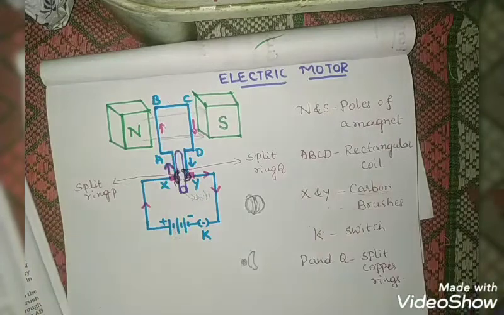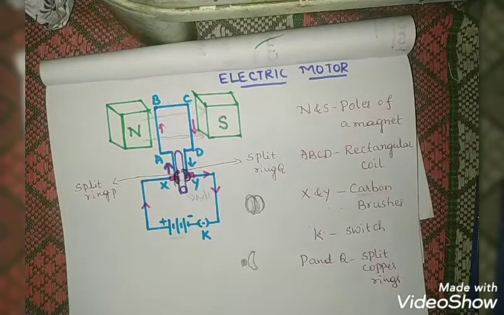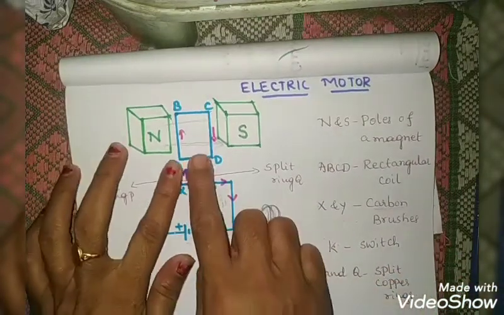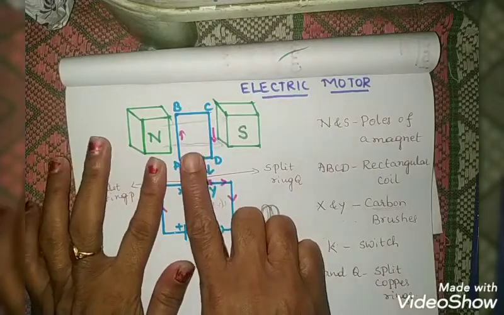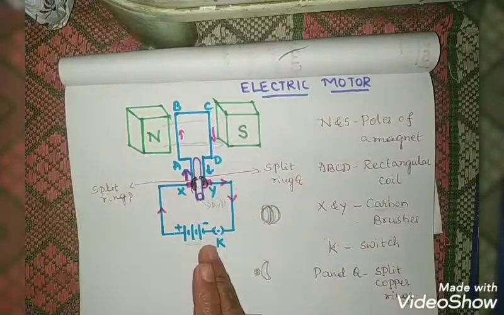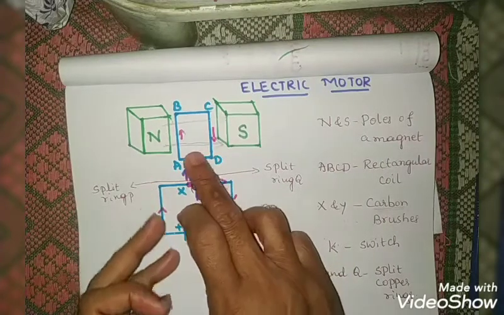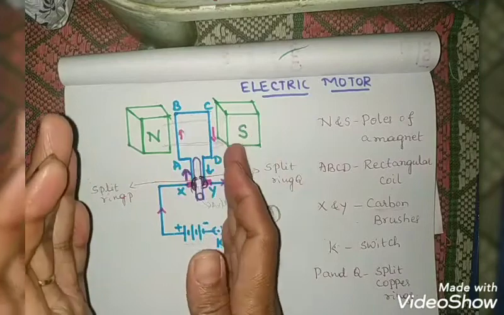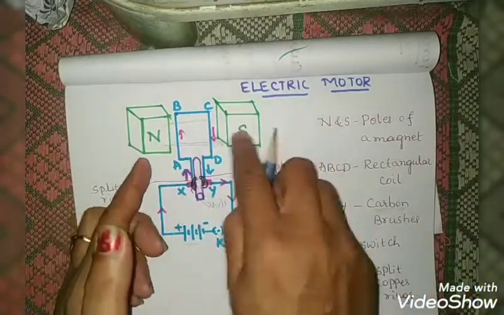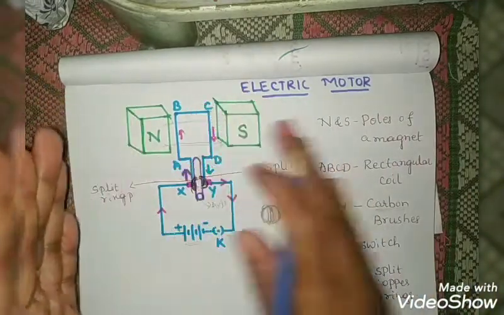copper coil? How is it experienced, children? What actually happens here? As and when the switch is turned on, current starts flowing, and this copper coil begins to rotate in between these two magnetic poles. Begins to rotate, children.